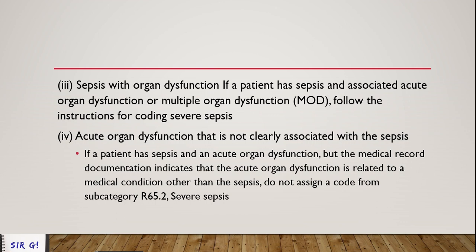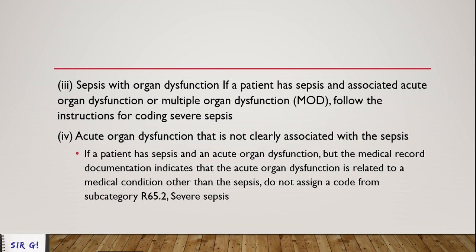Like if a patient has sepsis and an acute organ dysfunction, but the medical record documentation indicates that the acute organ dysfunction is related to a medical condition other than sepsis, do not assign a code from the subcategory R65.2 severe sepsis. Okay, it's clearly stated in the guideline that you can only code for severe sepsis if that organ dysfunction is related or due to the sepsis.